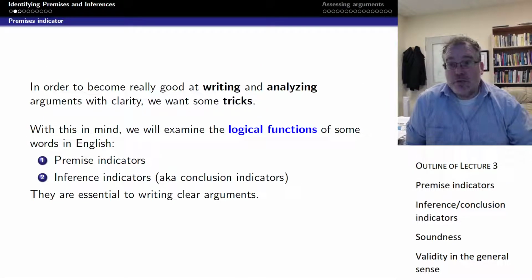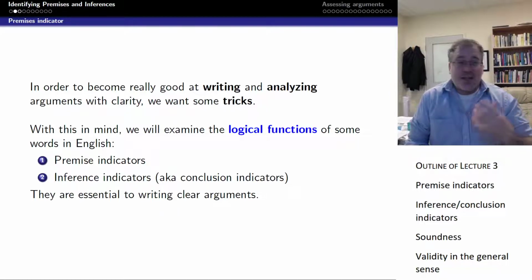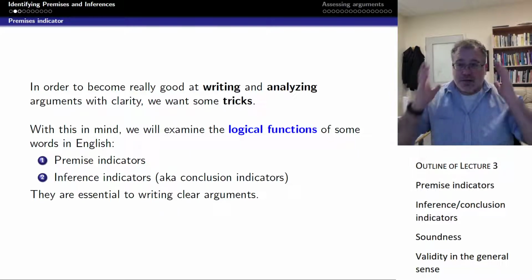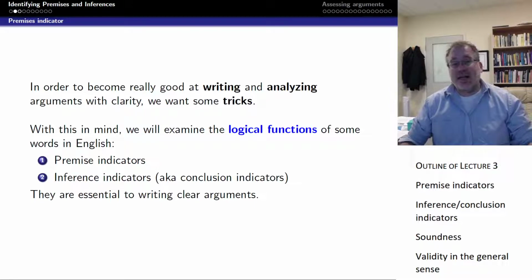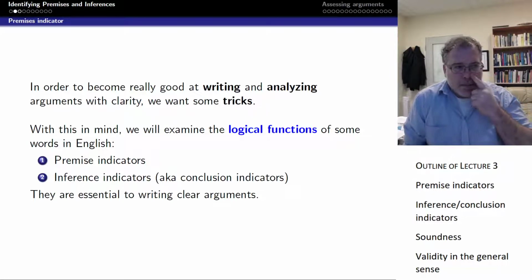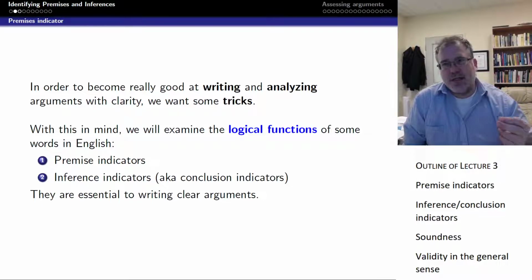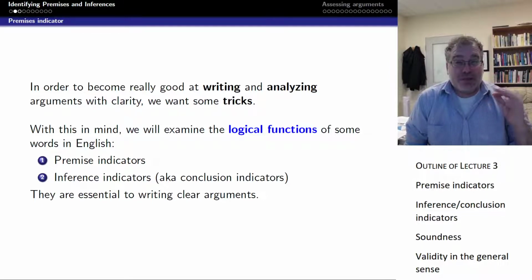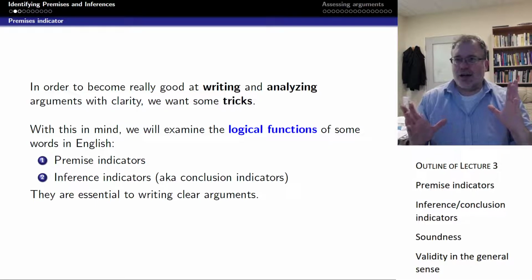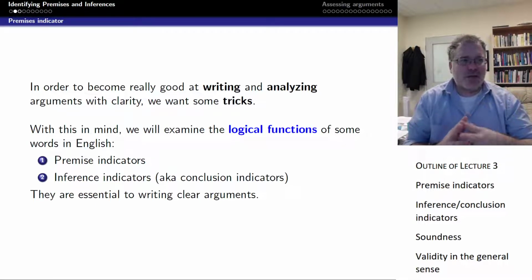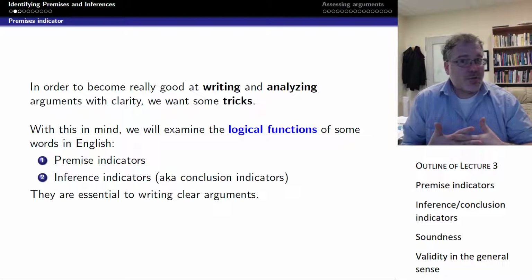Now, if we want to become really good at writing and analyzing arguments, with great clarity and understanding, there are some tricks that we should make sure that we're familiar with. The idea is that there are certain words or expressions in English that have a specific function that are going to help us to identify arguments.